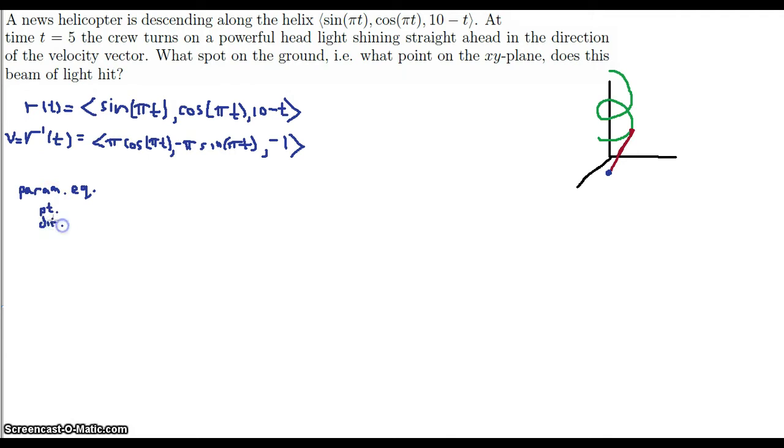We have the direction vector at any time t, but we're interested at time t equals 5. So v of 5 will serve as the direction vector.